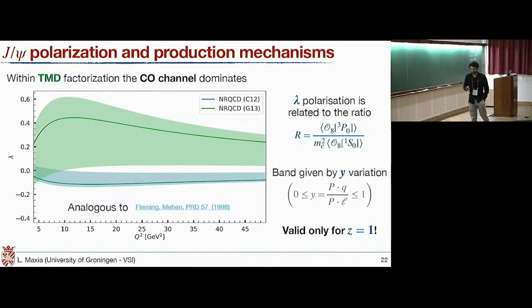But this is a very limited result, so although it looks like a very strong conclusion, it's actually not, in my opinion, very strong, because we are working only in the TMD factorization, which means that, again, all the variables are fixed. In particular, the J-psi elasticity is 1. Okay, so you are only looking at the single bin.